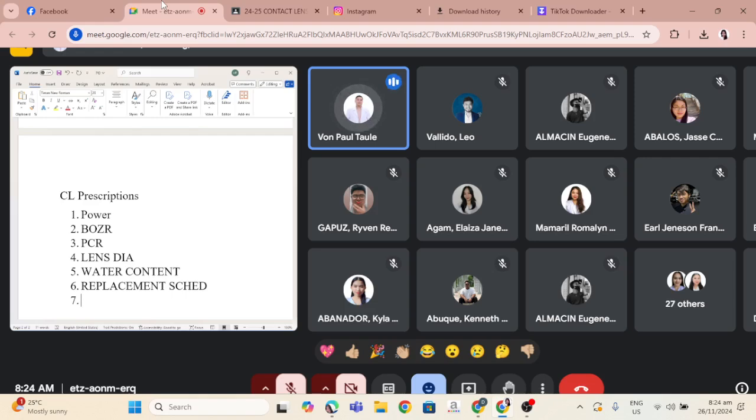We also have monthly disposable contact lenses, and we also have what we call extended wear. Keep in mind, the word extended wear is for contact lenses that can be worn even if the patient is sleeping. These are the extended wear contact lenses.